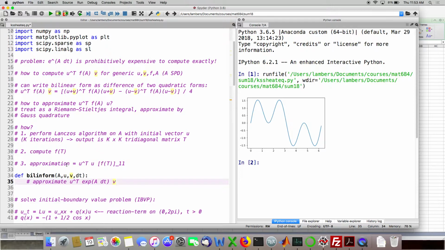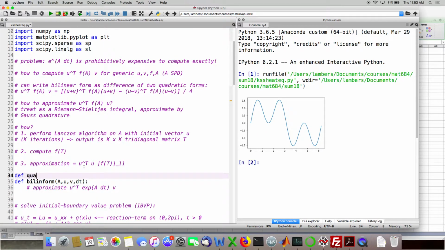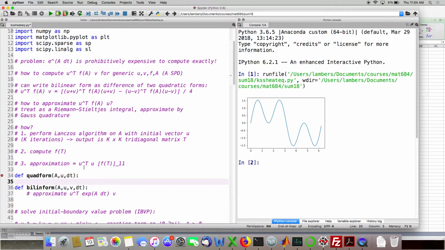This part of the job, though, is very simple. I'm just going to use this formula up here. So I also need a function whose job is to compute quadratic forms, so I need matrix A, vector U, and also dt.